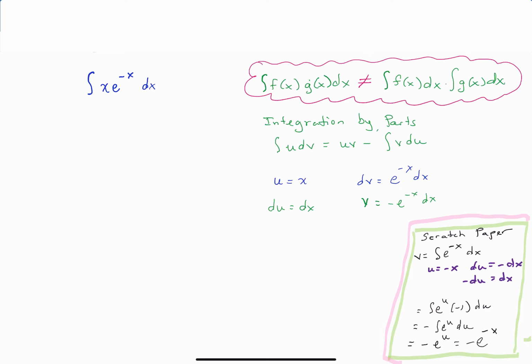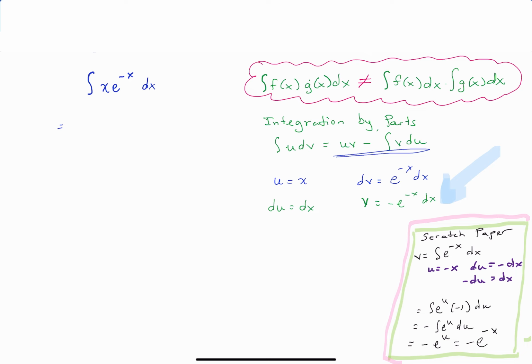Okay, anyway, so now using our integration by parts formula, I'm going to have uv. Oh, and sorry, I was talking and writing at the same time, and I made one mistake over where the v is.